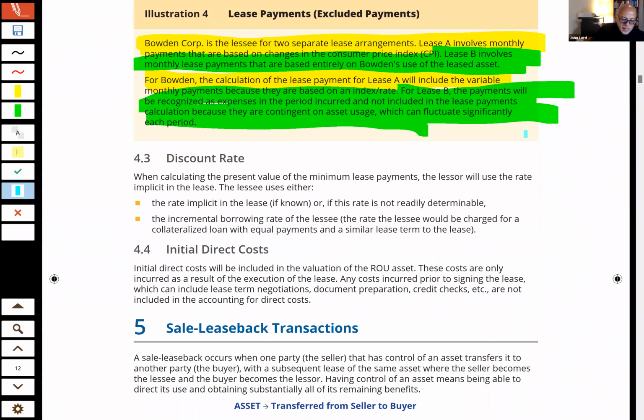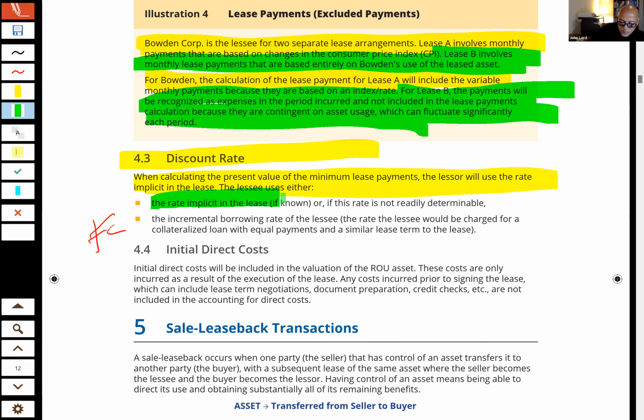Now, you look at the discount rate. Okay, and they're going to give you a couple of different rates probably in any problem you look at, and you need to know which rate to use. So the rate implicit in the lease, if it is known.